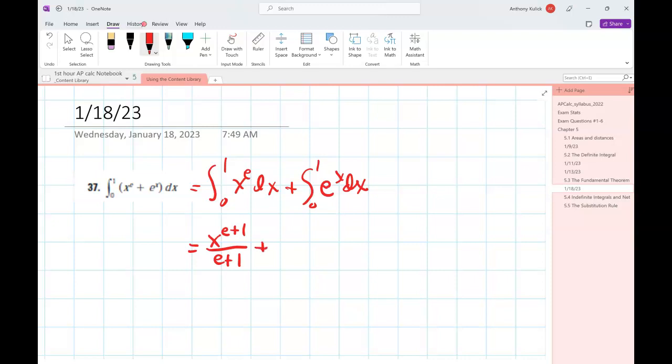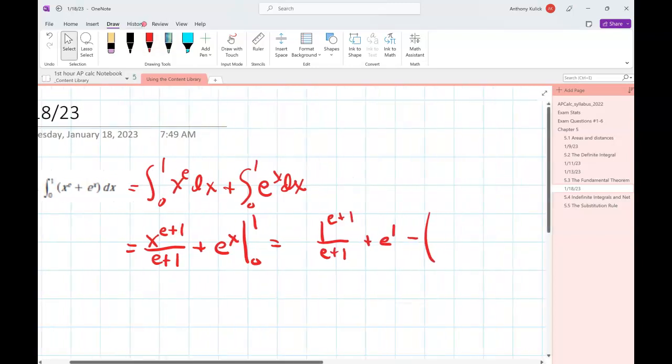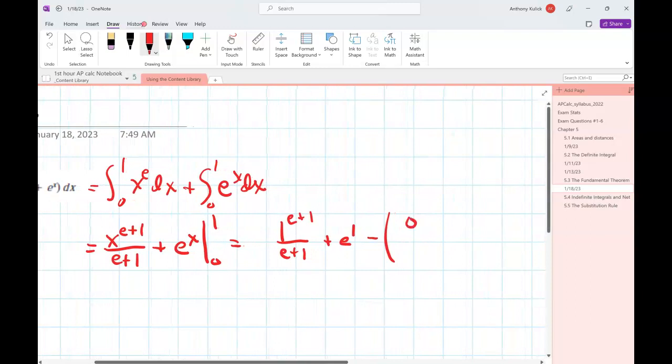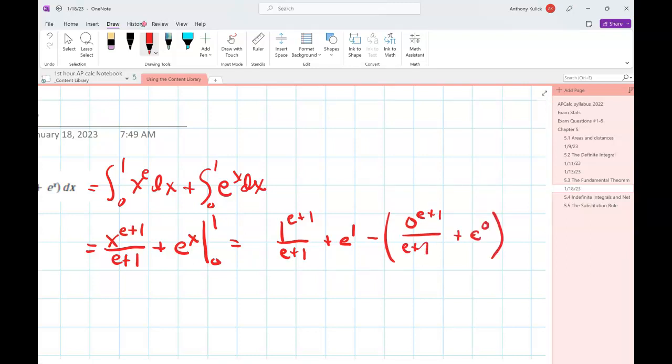And the antiderivative of e to the x is just e to the x. And then we'll evaluate that from 0 to 1. So I have 1 to the e plus 1 over e plus 1 plus e to the first, minus 0 to the e plus 1 over e plus 1 plus e to the 0.